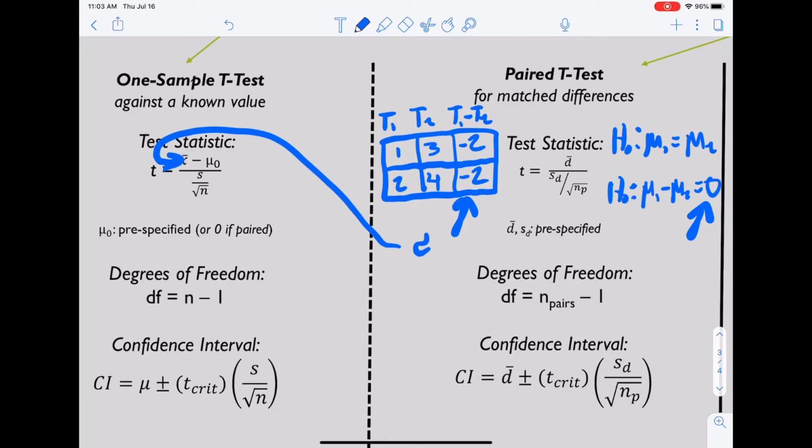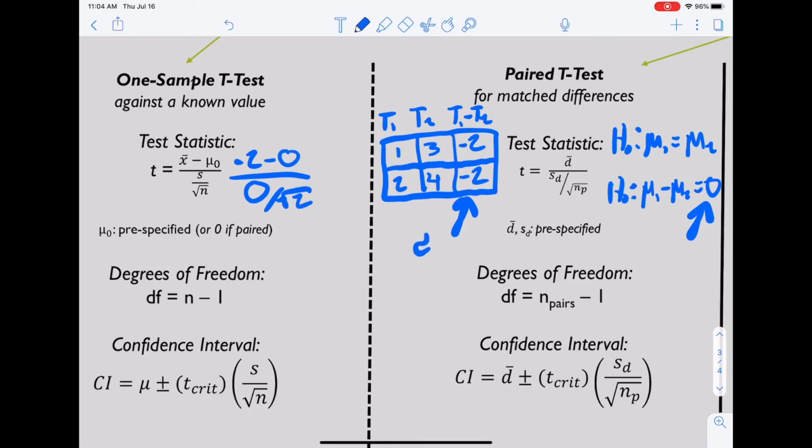Well, why don't we just take this value 0 here and use that as our null mean? So we would take this difference that we calculated as its own column, take its mean, so that would be -2. Plug that in over here, so it'd be -2 minus 0, divided by the standard deviation for this single column, which in this case would be 0, because they both don't deviate away from the mean, divided by the square root of 2.